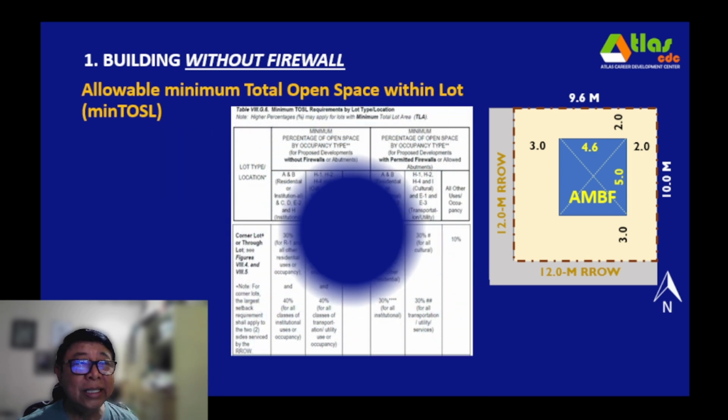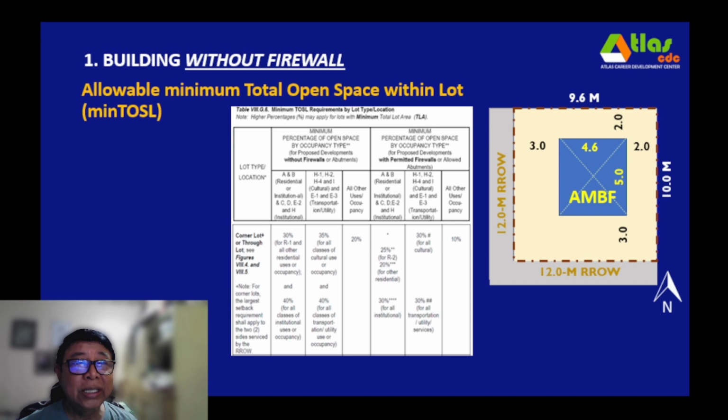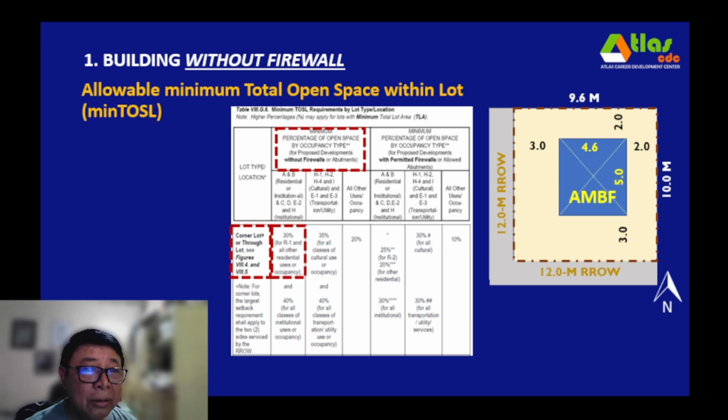There is another reference which is table 8.G.6, and this is actually the reference table for the minimum TOSL. So we look at the corner lot, and for R2, we have this provision, 30% is for the minimum TOSL without firewall for all other R1 and all other residential uses, including R2.